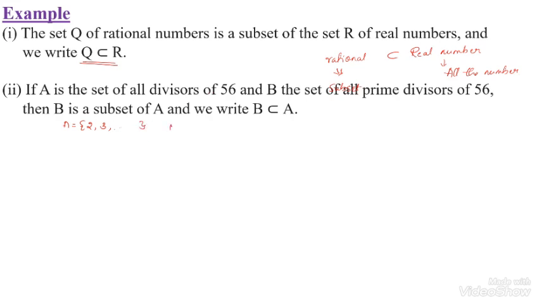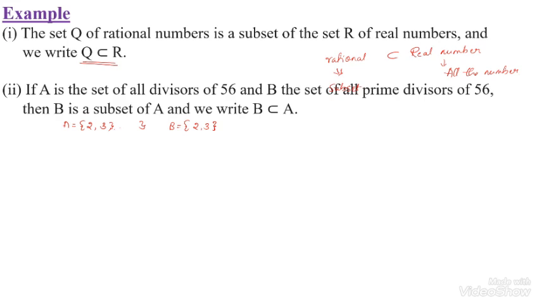Again, the set B contains the prime divisors of 56. Prime divisors: we already know that 2 is, 3 is not, 5 is not a divisor of 56, then 7 is. Then B is a subset of A.